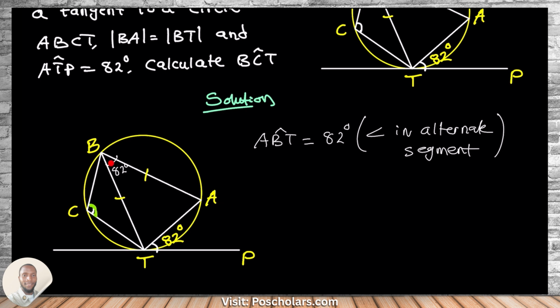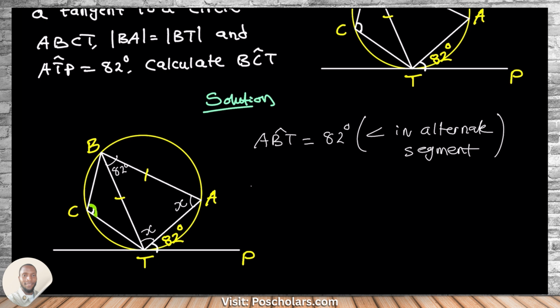Remember, the mission is to find this angle. Now if you look at this triangle, we're told that this side and this side are equal. This is an isosceles triangle. And what's one property of an isosceles triangle? Since this side and this side are equal, it simply means this angle and this angle will also be equal. But then we don't know it, so we'll label it x. So if this angle is x, this angle is also going to be x. Now we sum everything and equate it to 180 degrees.